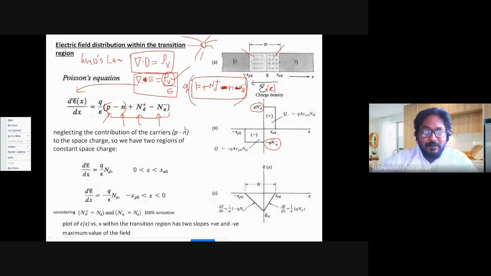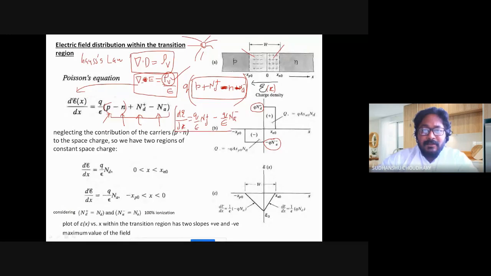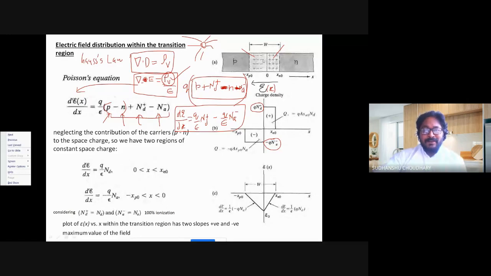That is, one can write dE by dx is equal to Q by epsilon ND plus and minus Q by epsilon Na minus. So we are left with this equation for the electric field in this region. Now this tells me that obviously we have two regions where electric field exists.